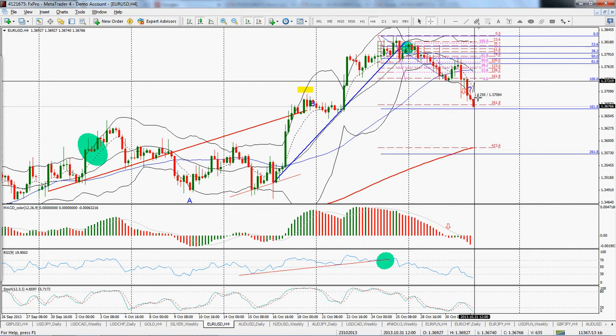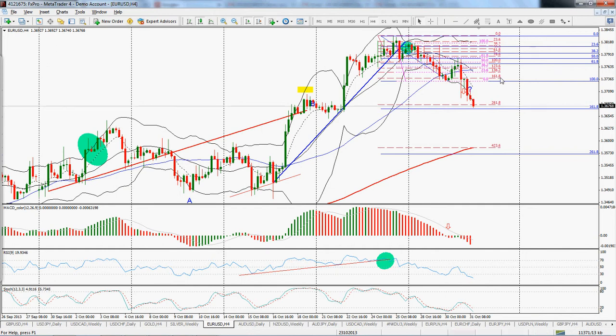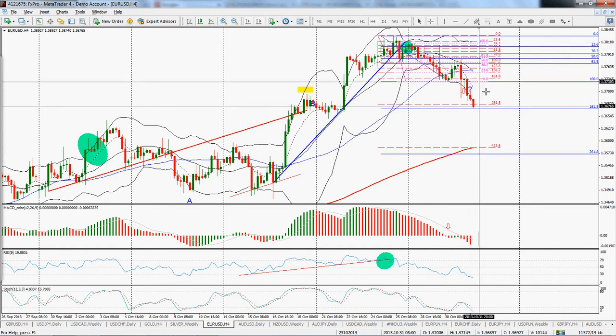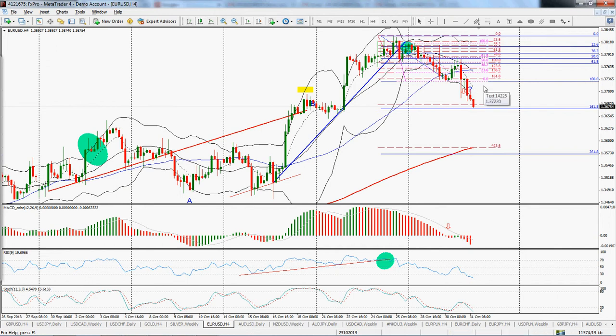But even if it were a little bit less than 1-to-1, or only 1-to-0.5, so half of the risk you are taking, I think it's still okay in some cases, because this is a perfect trade setup, and there are high chances that it will reach some of the take profit levels. So I think it's worth entering such a position.